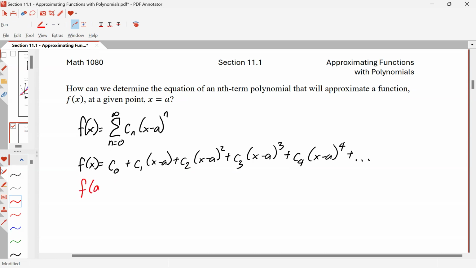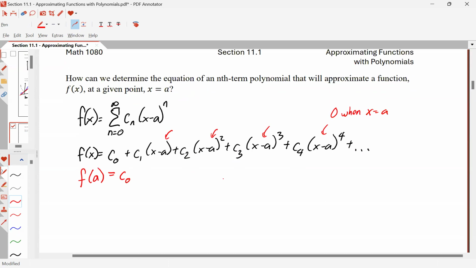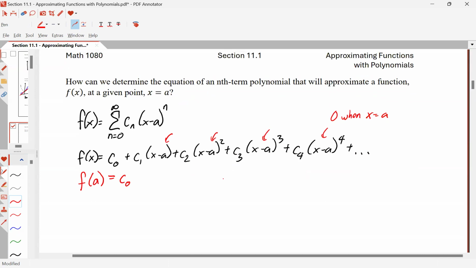So, one quick way is actually plugging in that center a, because when I plug in that center a, then any x minus a is 0. Meaning f of a is just c sub 0. Okay, so I found that 0 coefficient, my constant.